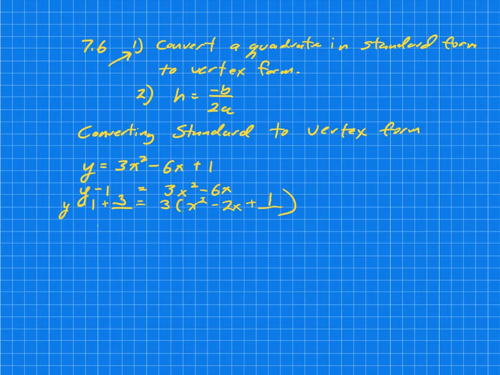So now I get y plus 4. Now that I've completed the square, I can collapse that down to x minus 1, quantity squared, and bringing the 4 to the other side allows me to finish putting it in vertex form.